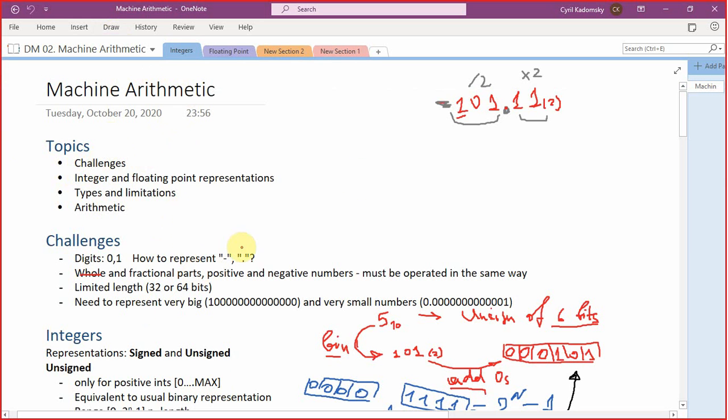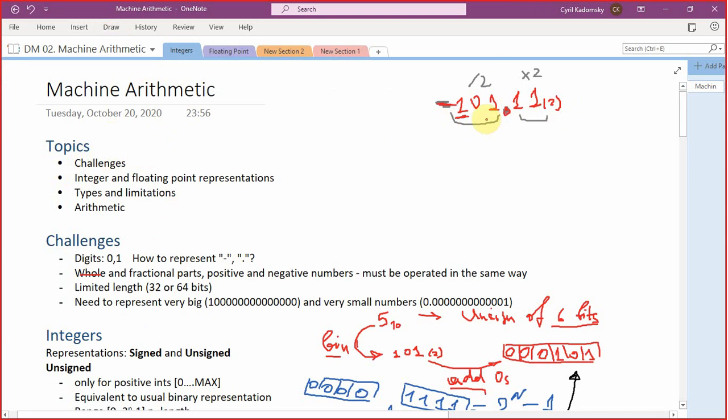First of all, even when we represent our numbers in binary, like this one here, this number can be negative, and it can have a decimal point, so the number can become fractional.